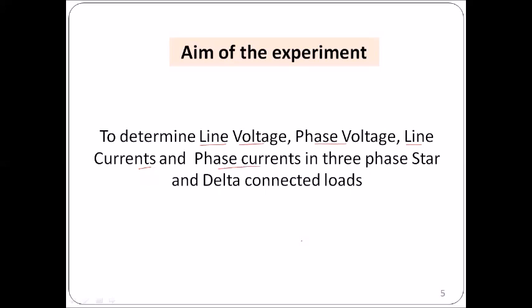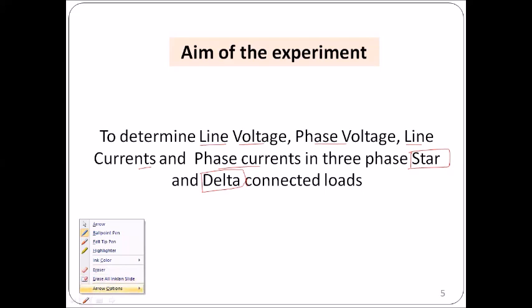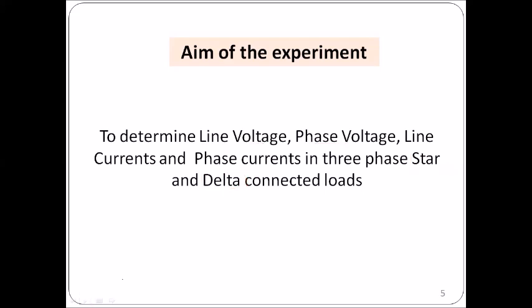So we shall begin with the discussion of each and every term involved in the title of the experiment, that is, what is the meaning of line and phase, and what is the meaning of star and delta. So we shall understand the title itself by way of explanation for each of the terms involved.